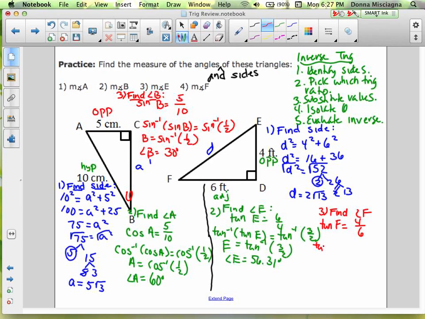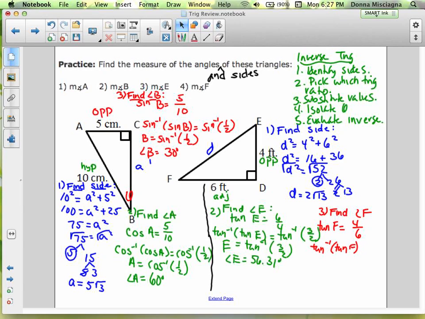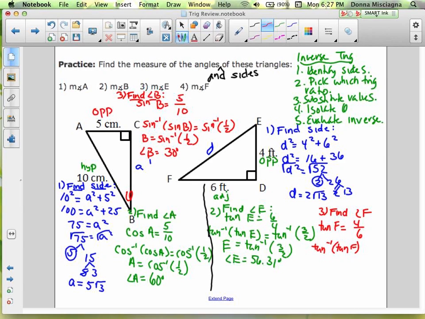We'll take an arctan of both sides. Let's see if I have enough space. I need just a tad more space.